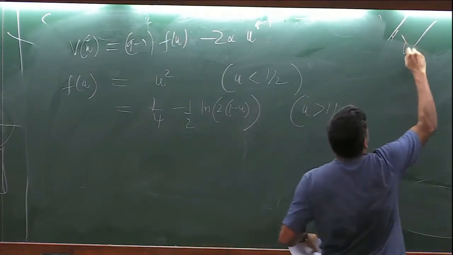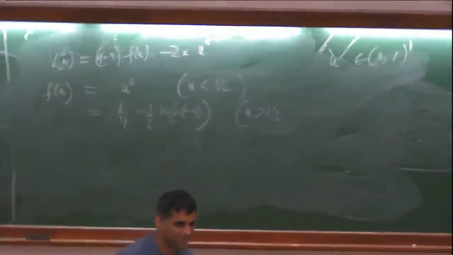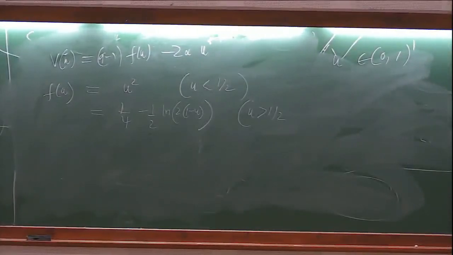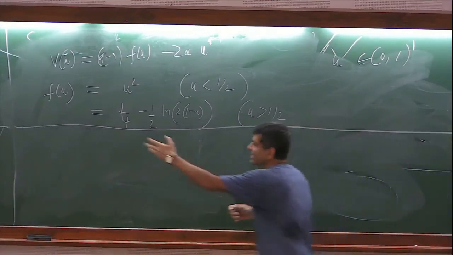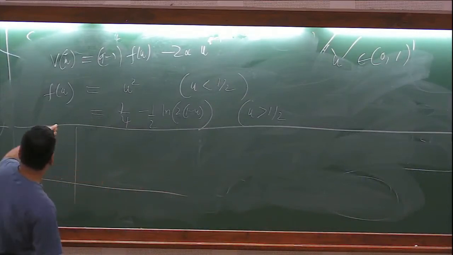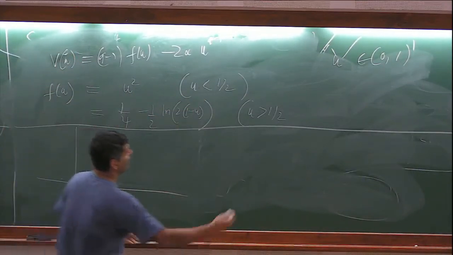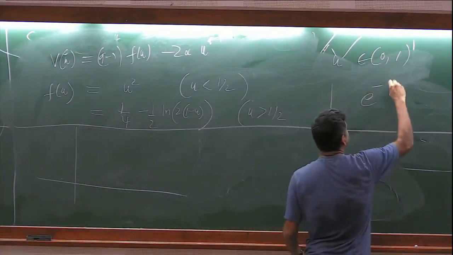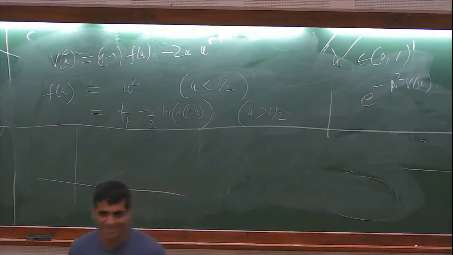So this variable u lies between 0 and 1. Okay? So the full solution to this theory, you can compute the free energy, the finite temperature behavior of the theory as a function of alpha by just minimizing this potential, and then the final answer is e to the power minus N squared times V of u at the extremum.